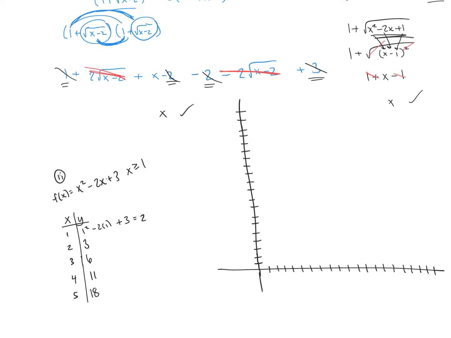So I have 1, 2, 2, 3, 3, 6, 4, 11, and then 5, 18. So that's going to be about right there. Okay, now I'm going to delete that.